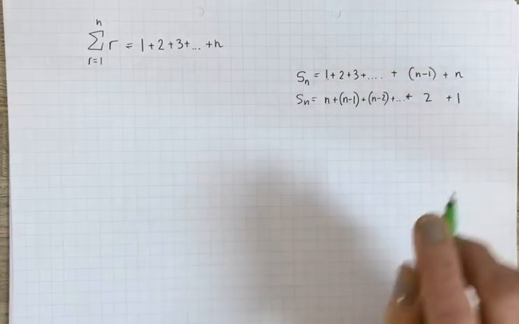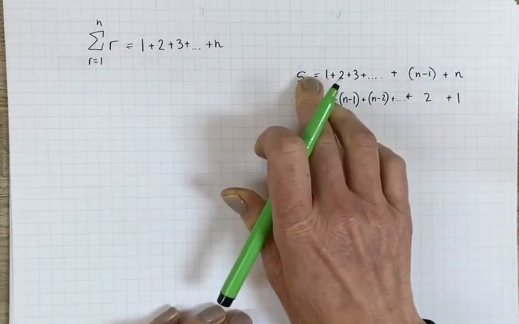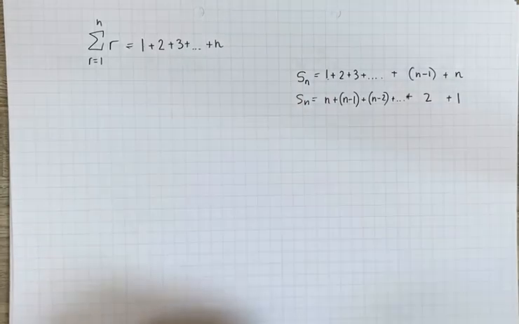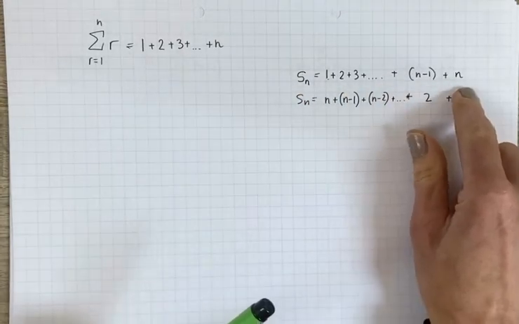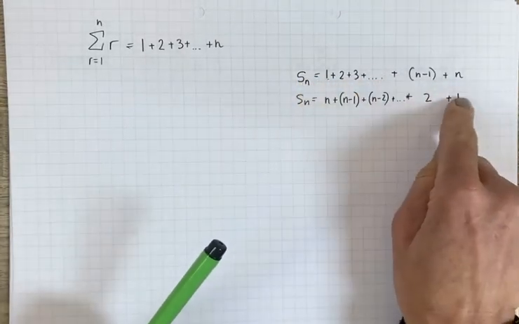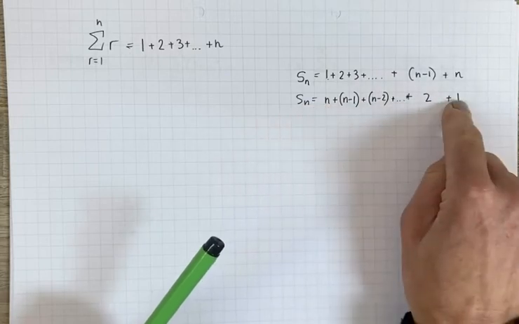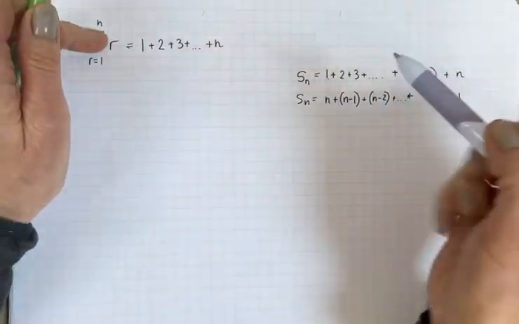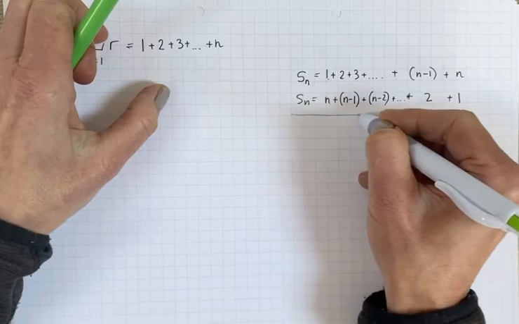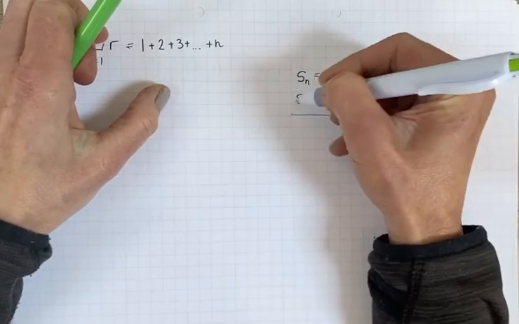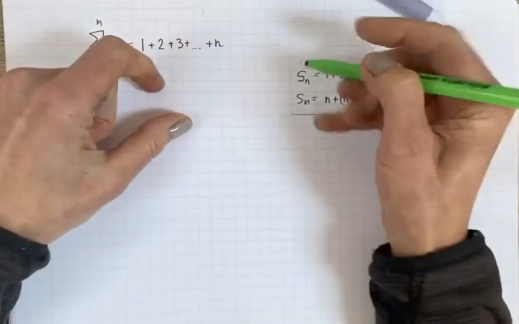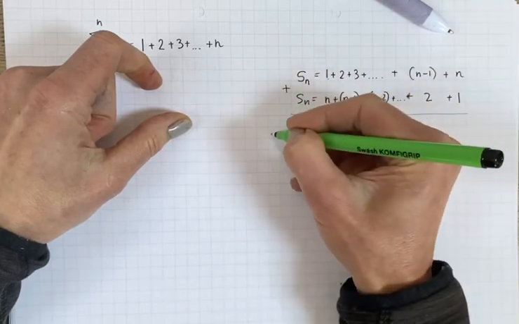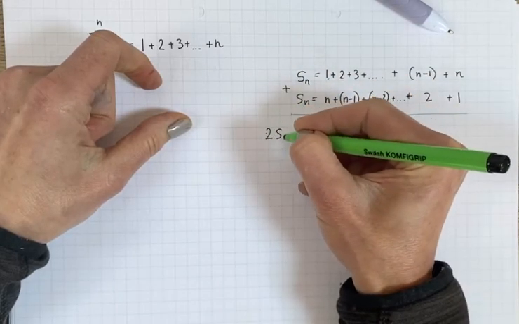I'm not going to bother with 3. So what I've done, I wrote my series from 1 to n, and then wrote it backwards from n to 1. Now the way to work out what the sum of n terms is, is just working out what Sn plus Sn gives you. So 2 lots of Sn.